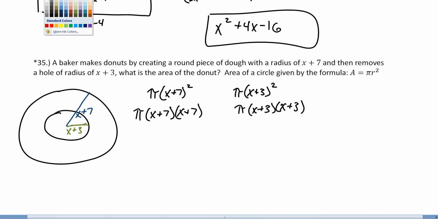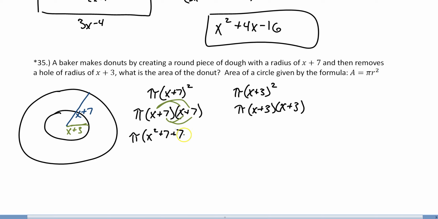But now I'm just distributing. So over here, I distribute the x, and then distribute the 7. That pi is just going to kind of tag along for the ride. When I distribute the x, that gives me an x squared plus 7x. When I distribute the 7, it gives me a 7x plus 49. I combine some like terms.